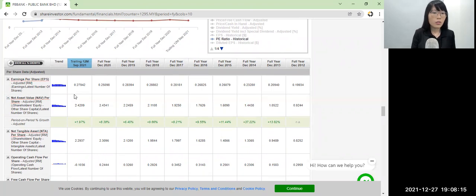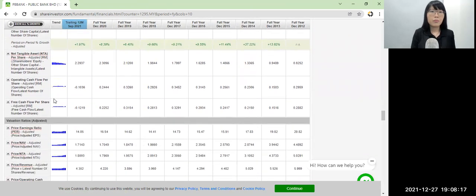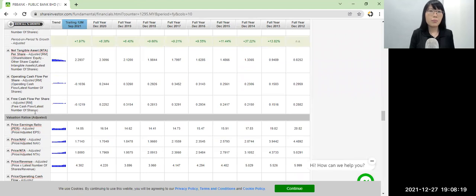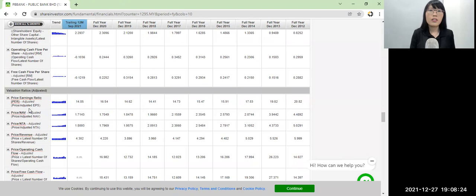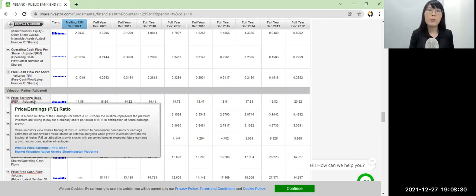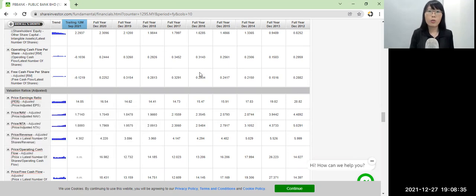Okay, so you still can see some operation cash flow per share, PE ratio, okay, price per free cash flow, and so on. All this information for you to make the meaningful interpretation, whether the company is growing or not growing.